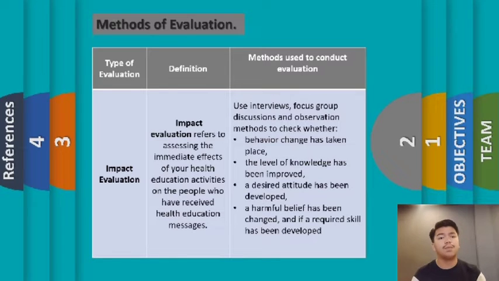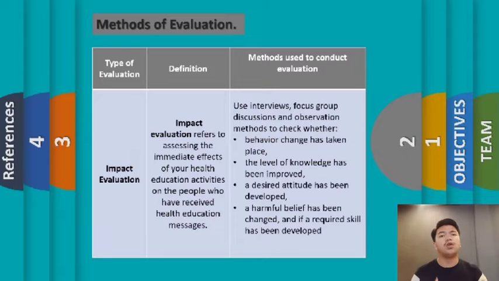Also, when we say develop attitude, it is something that a person changes in how he perceives or how he sees his health. So an undesired attitude has been reduced or a desired one developed. And last one, there is a shift of behavior. So a negative behavior has been shifted into a positive behavior.